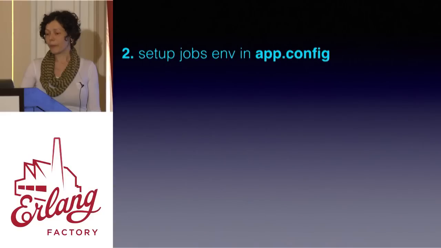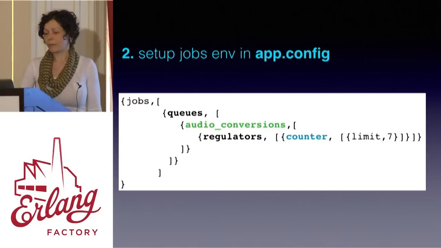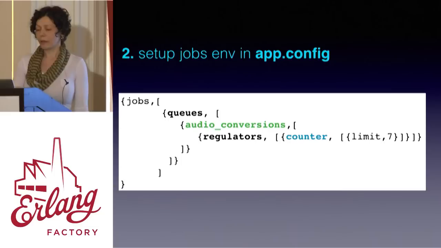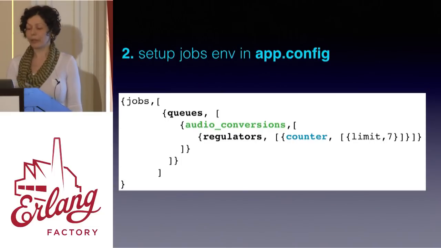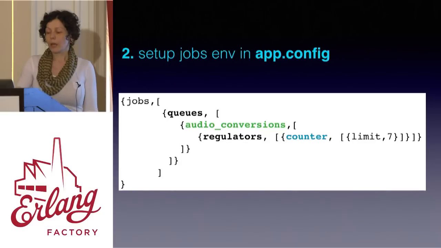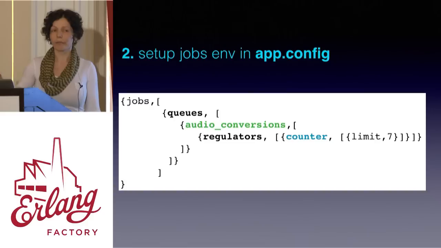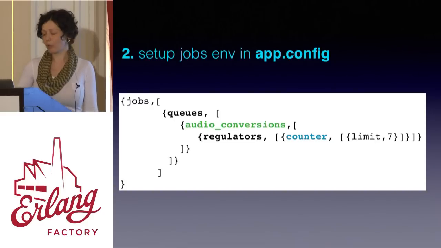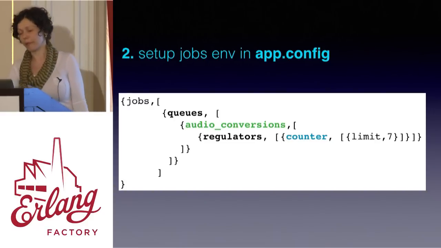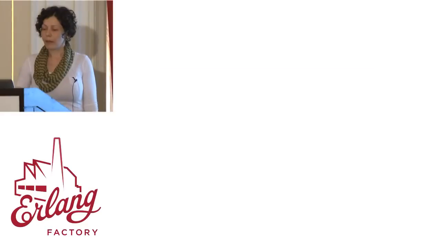Step 2, and this is important, this is how we set up jobs env in our app.config. So we create a queue called audio conversions and assign a counter regulator to it with a limit of 7. 7 because I have 8 cores, so it would be 8 minus 1, 7.